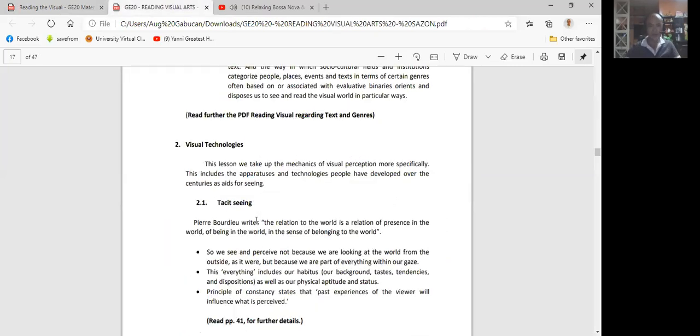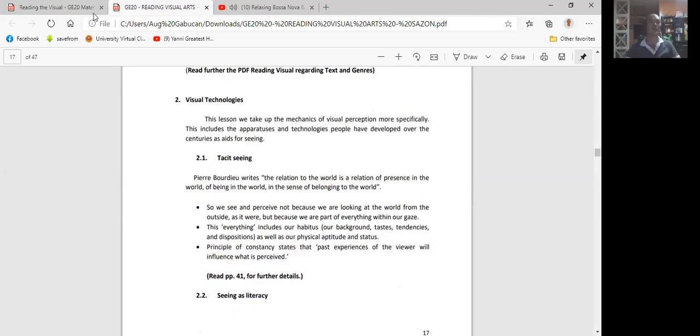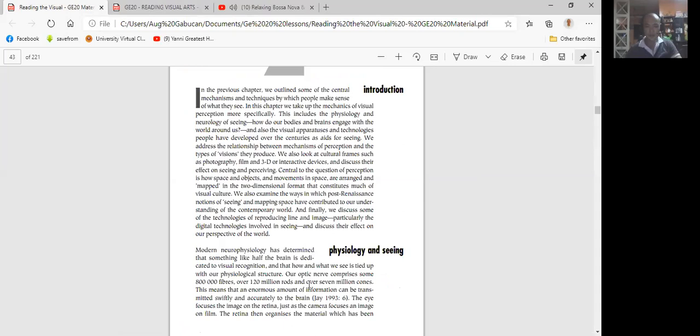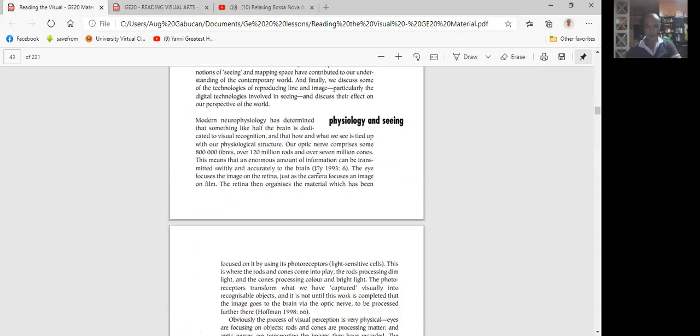Again, visual technologies. Okay. So, can you imagine how these things work? The retina organizes, so it's like the eye focuses on the image on the retina just like a camera focuses on an image on film.